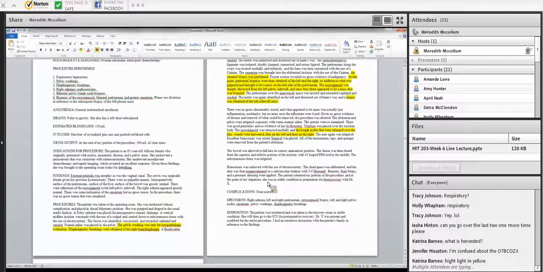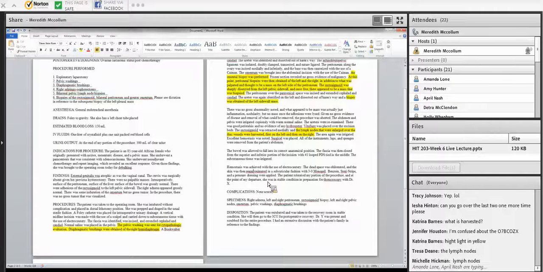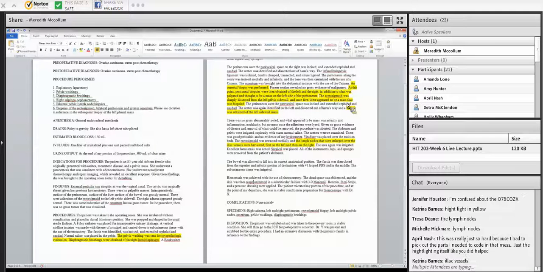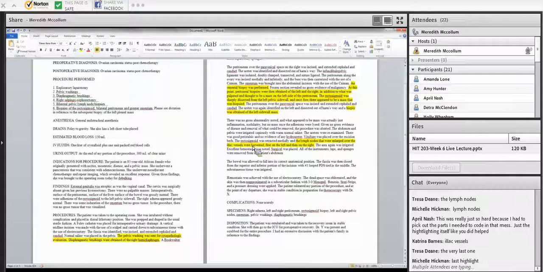O7B. Okay. The pelvic lymph node biopsy. Highlighted in yellow. Oh, it just means harvested means they were taken. That's all. That's all it is.